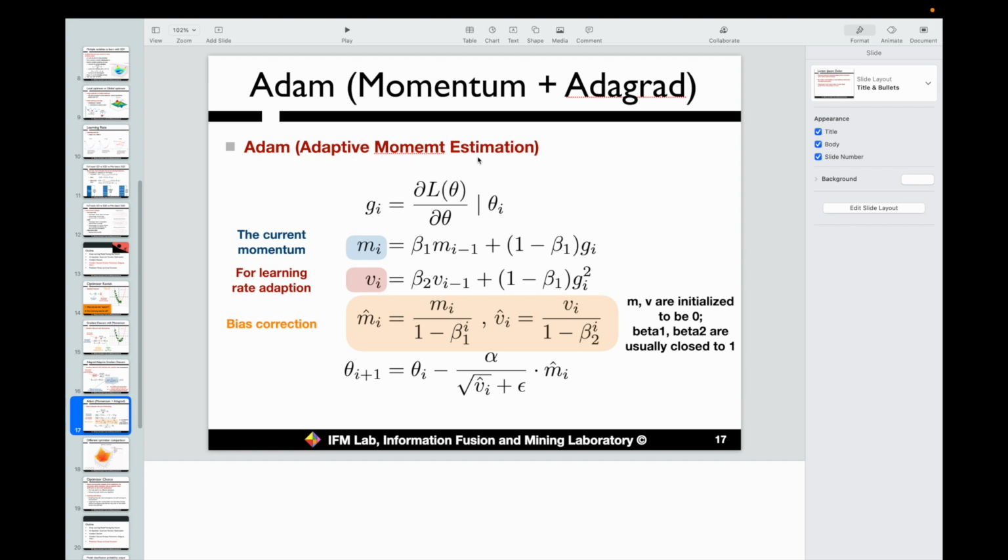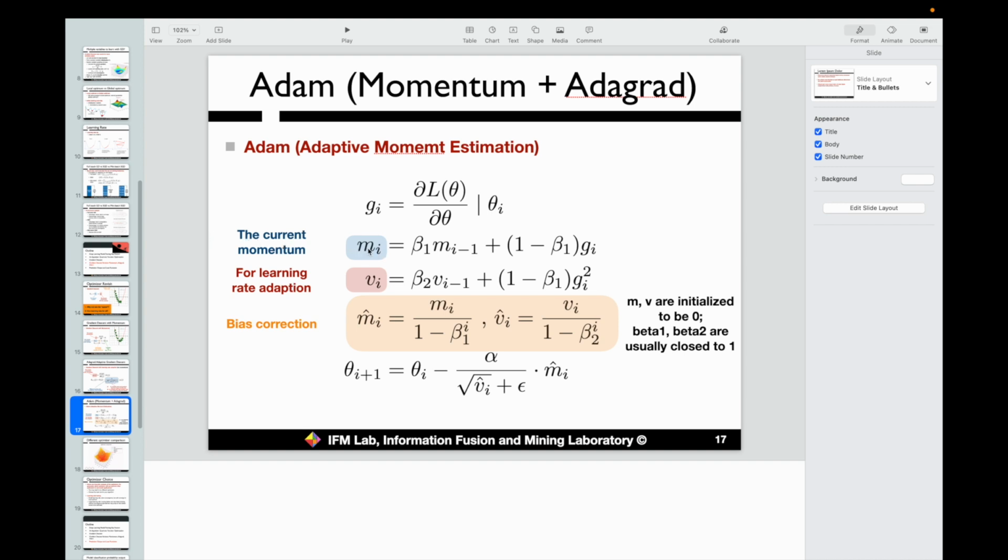Okay, so let's have a look at how this ADAM works. This ADAM also considers this gradient, right, for the variables at the current location. This is more like the acceleration we introduced before, right? And this ADAM introduces two variables. The first variable is called mi. Mi is more like the momentum term or the speed term we introduced before, right?